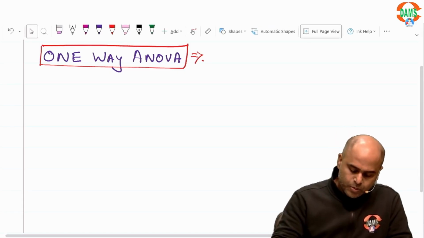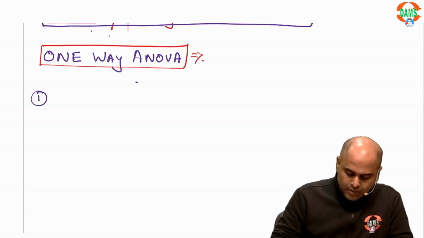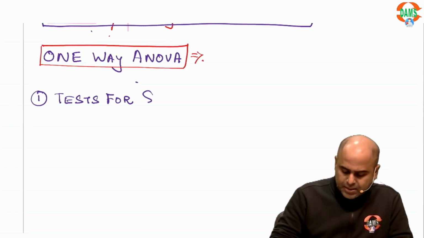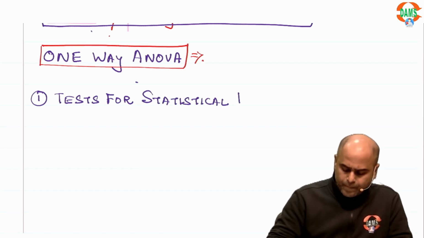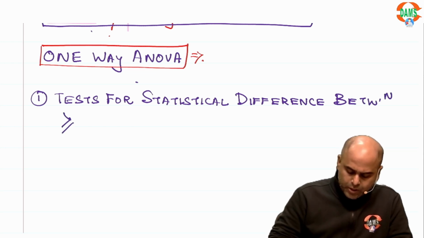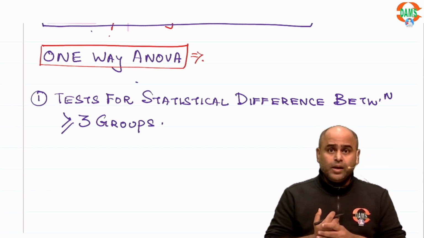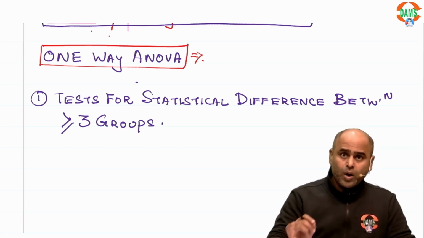So basically, what does ANOVA test? ANOVA basically tests for statistical difference between three or more groups, and that too for quantitative data.